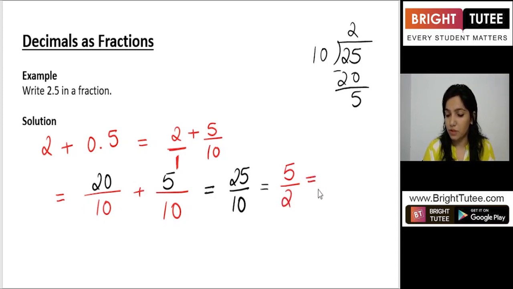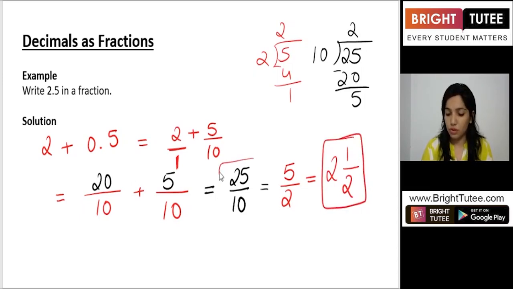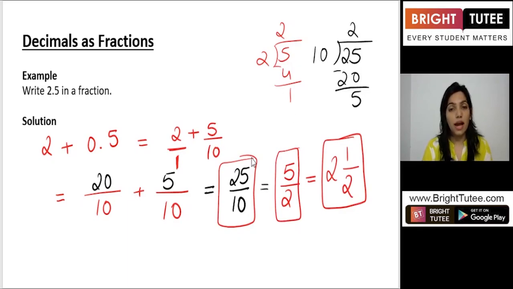Okay, so dividing 5 by 2, 2 goes into 5 2 times. Here comes a 4 and the remainder is 1. So what are we left with? We have 2 and 1 over 2. So this is the final answer in mixed fraction. If you want, you can just write it as an improper fraction. If you want, you can write it as the simplest form of a fraction. I hope this is clear.